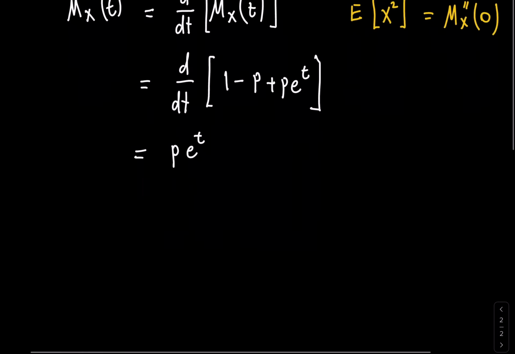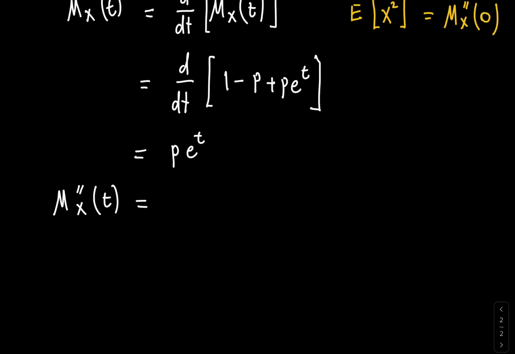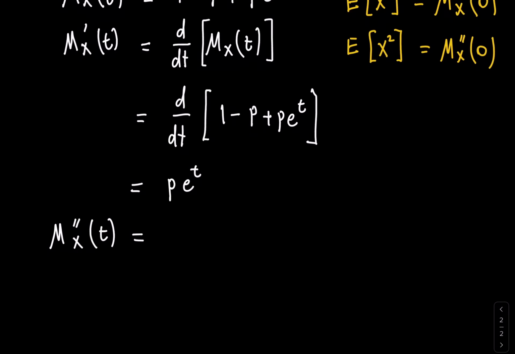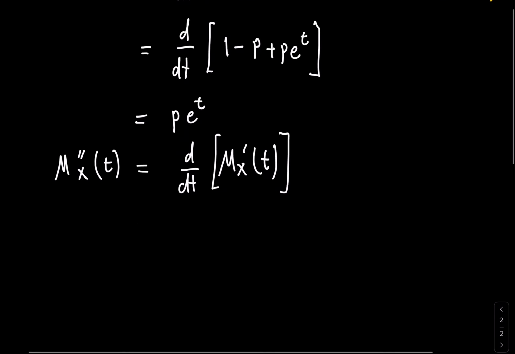Quite simple, in fact. Then, equally, we're going to calculate the second derivative of this function with respect to t. The second derivative is the derivative of the first derivative, by definition of what derivatives are.